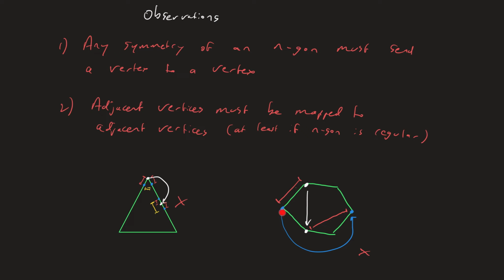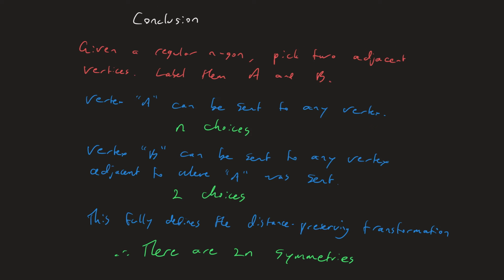So this vertex here cannot be mapped to a vertex that is not adjacent to this one because it will be further away. These observations quickly lead to a way of finding all possible symmetries of a regular n-gon.